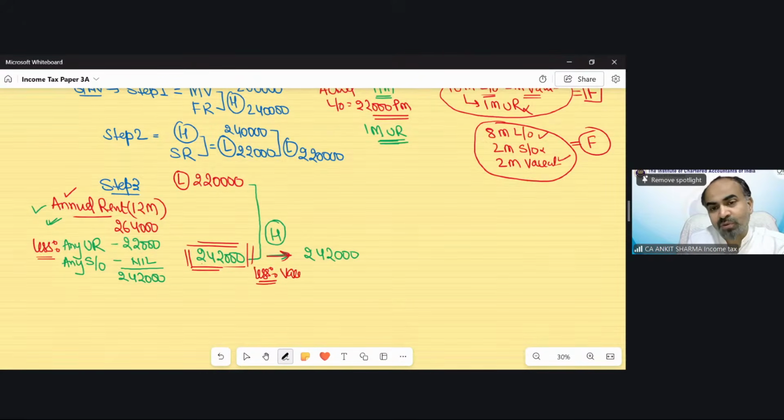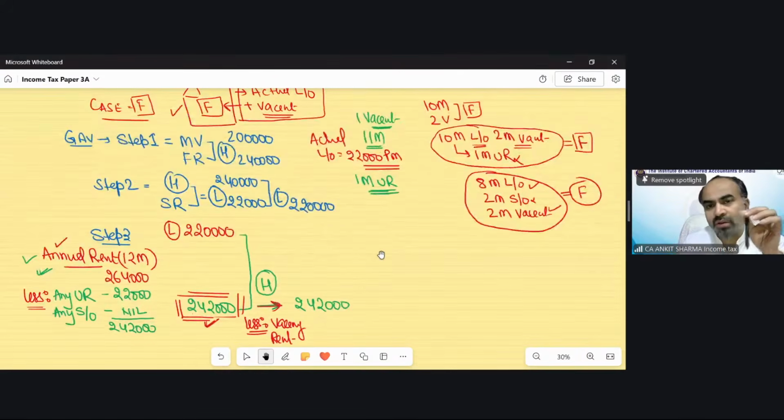vacancy rent also. The vacancy time duration rent, we did not reduce over here. You cannot reduce it over here. Out of annual rent, you can only reduce unrealized rent value or self-occupied rental value. And after comparison, if the higher value is this value, then you can reduce the vacancy time duration rent also. How long was it vacant? It was vacant in the question for 1 month.